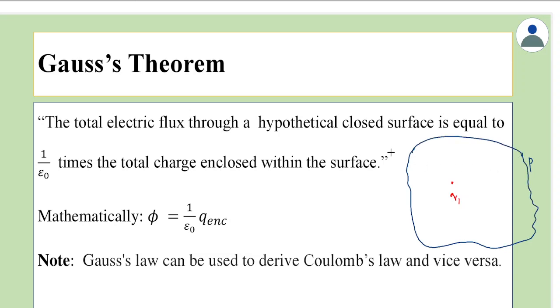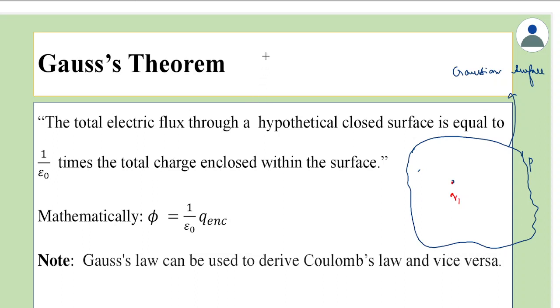So this surface which is drawn here is called the Gaussian surface. By this theorem, the total flux through this closed surface is equal to 1 over epsilon naught times the total charge enclosed within the surface.